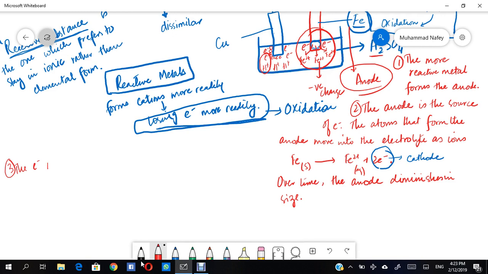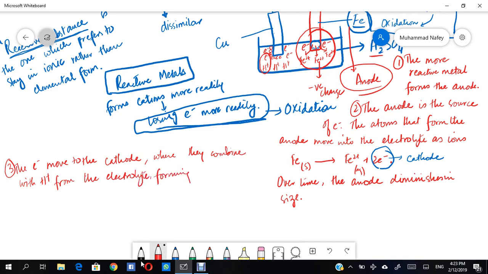The electrons move to the cathode where they combine with hydrogen ions from the electrolyte, forming bubbles of hydrogen gas.